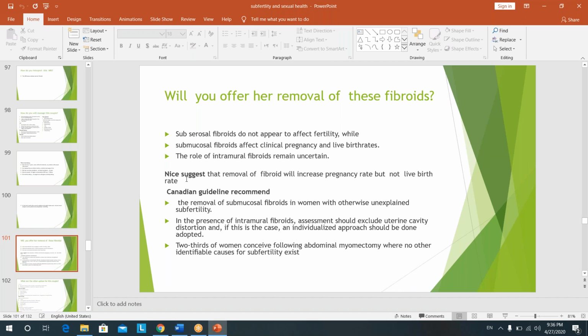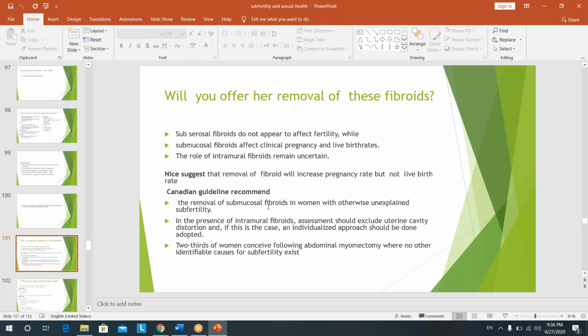So we have two sources here for the removal of the fibroid, the NICE guideline and the Canadian guideline. The NICE infertility guideline suggests that removal of the fibroid will increase the pregnancy rate, but not the live birth rate. While the Canadian guideline, this is from the TOG, says that removal of a submucous fibroid in a woman with otherwise unexplained subfertility is recommended.